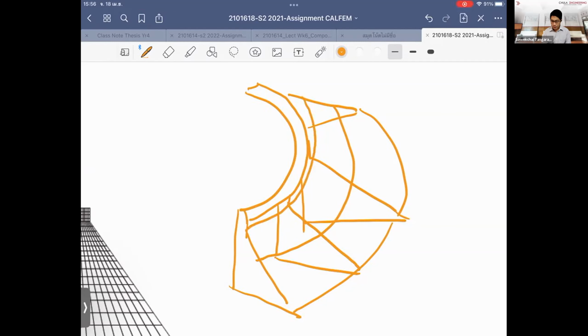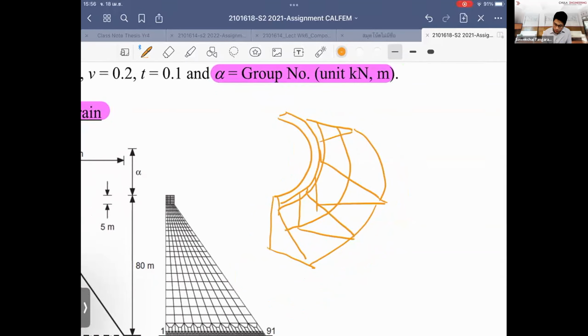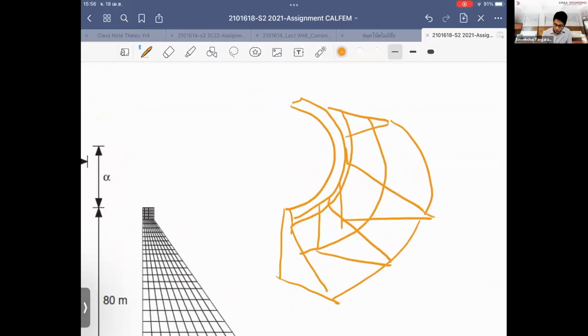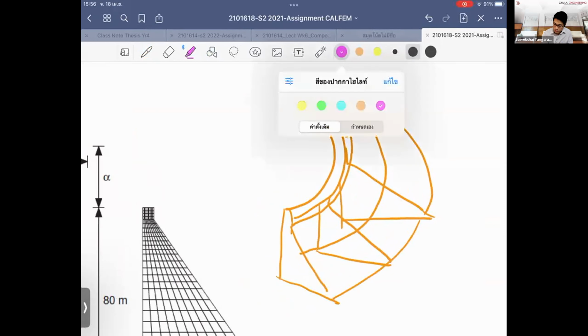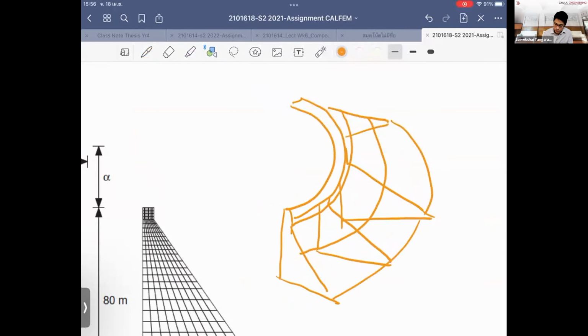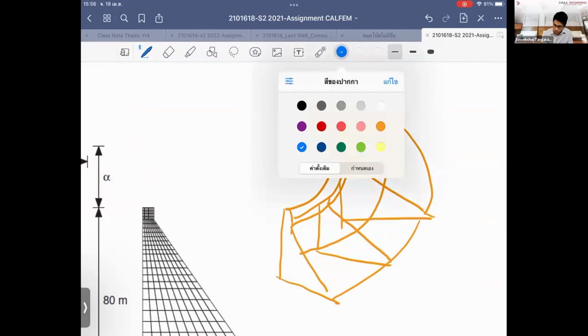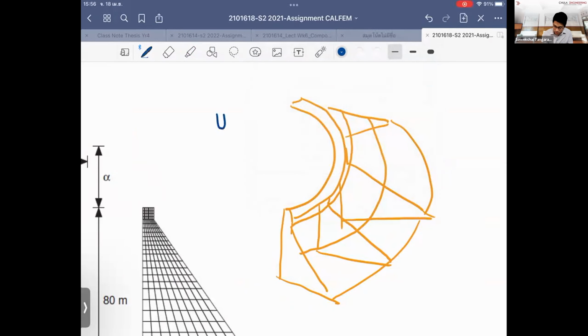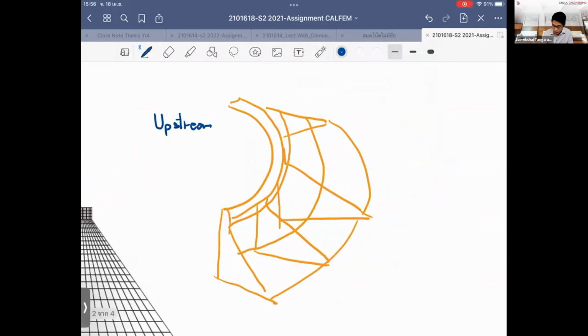Right, this is at the crest top. And you have the water, and they try to restrain the water to keep the water, right? So we call this side the upstream face. And at the bottom, we call them the downstream. And you have the water levels.